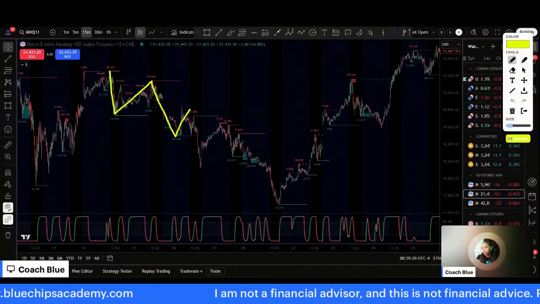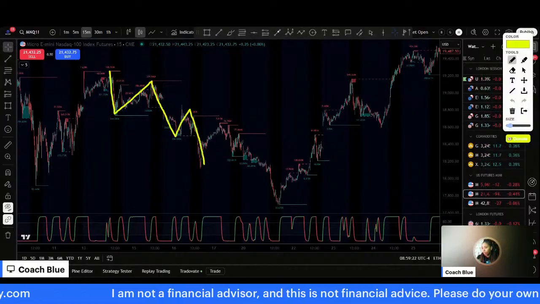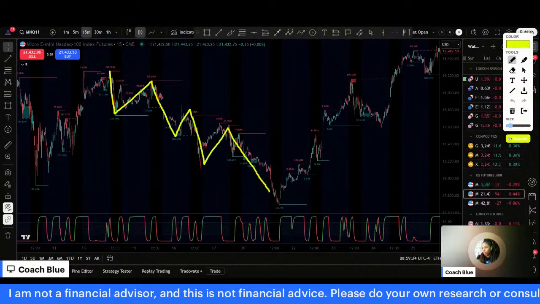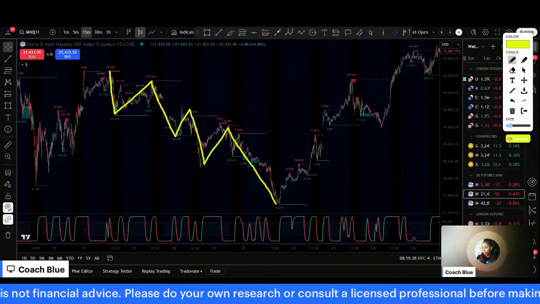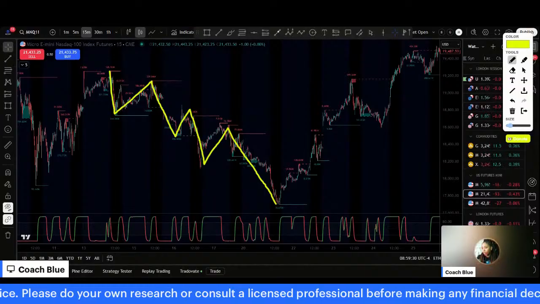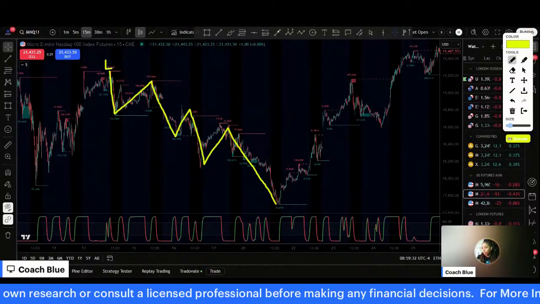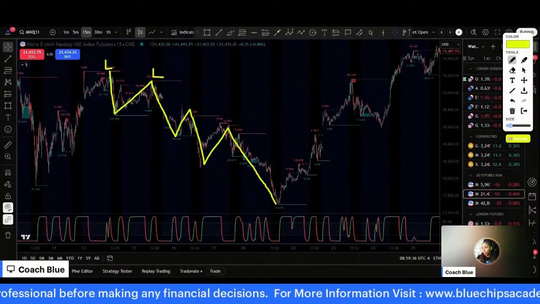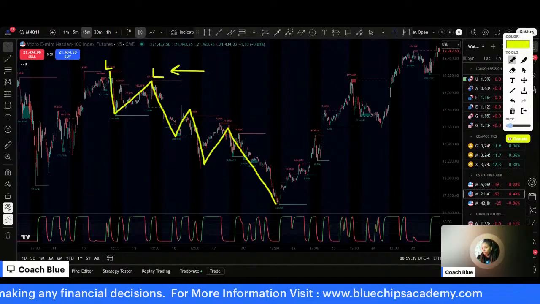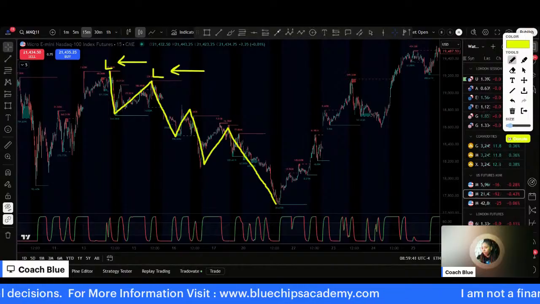Pivots up, comes down. Pivots up again, comes all the way down here. So this low here is lower than this low. So this low here is lower than this low.